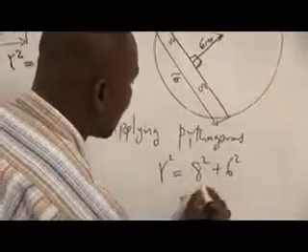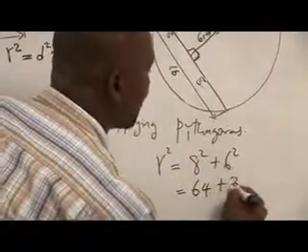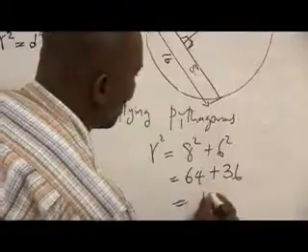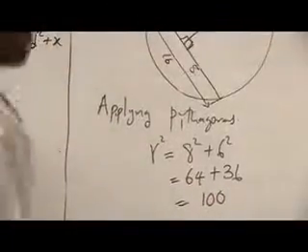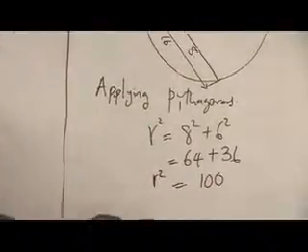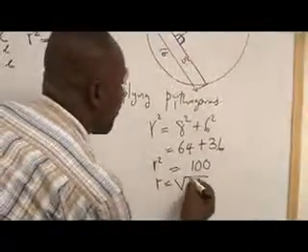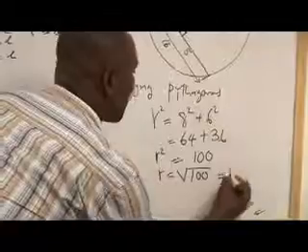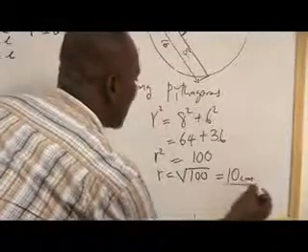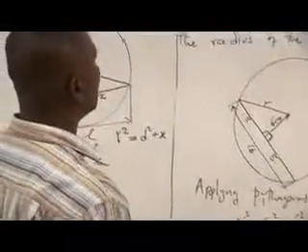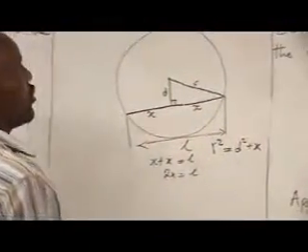And that gives me 64 plus 36, and that is 100. So R squared is 100. My R is therefore root of 100, and that gives us 10 centimeters. That's quite splendid. We'll take 2 more examples and then we'll advance to SOHCAHTOA.